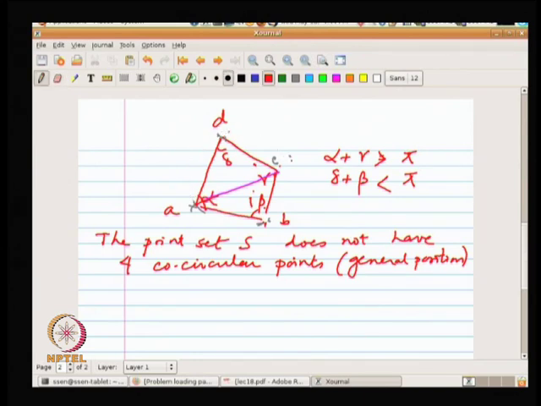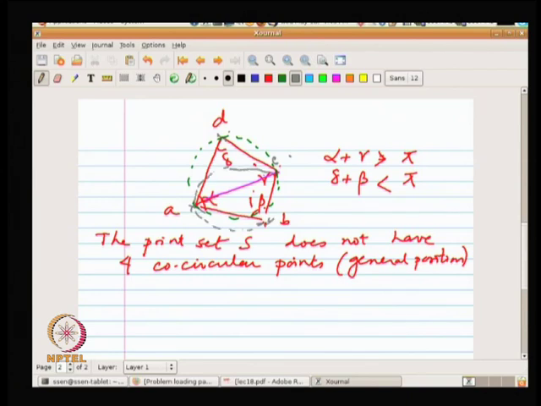Because delta plus beta is less than pi, when you draw the circumcircles, by the property of the sum of the supplementary angles, B is going to lie outside of the circumcircle, and likewise when you draw the other circumcircle, the same thing with the same property.